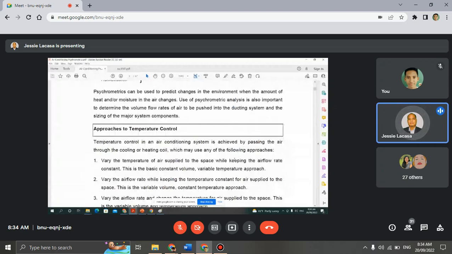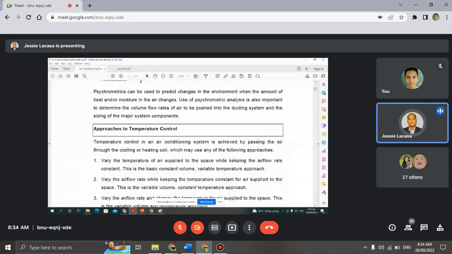The next, we vary the airflow rate while keeping the temperature constant for air supply to the space. So this is the variable volume constant temperature approach. So ang imong i-vary is the amount of flow rate sa air nga gikinahanglan sa room, while keeping the temperature constant.